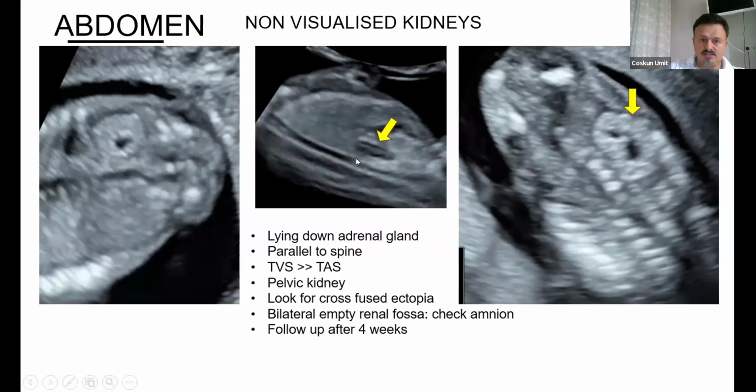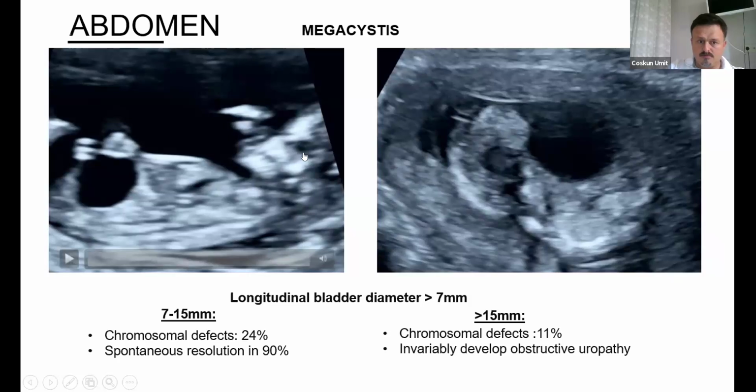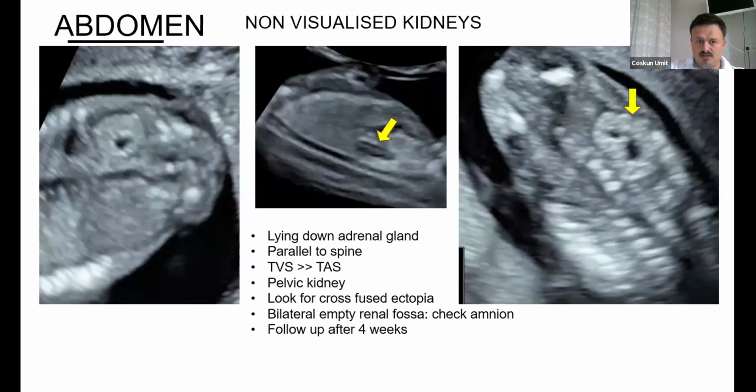And of course, kidneys are important. Sometimes it is hard to check kidneys in the first trimester, but if we study and work on them, we can check the kidneys very easily. And this is the lying down adrenal gland.